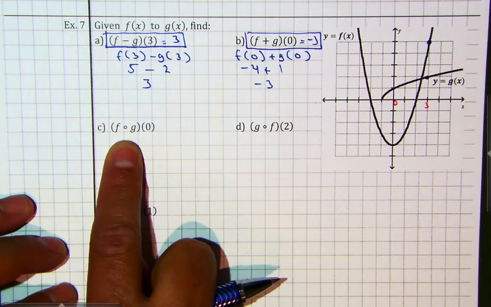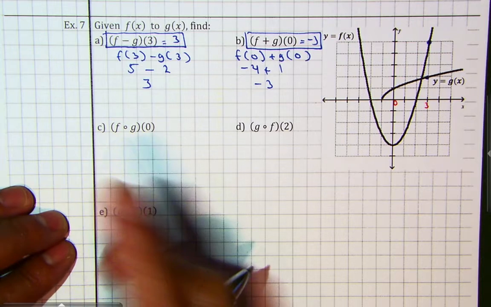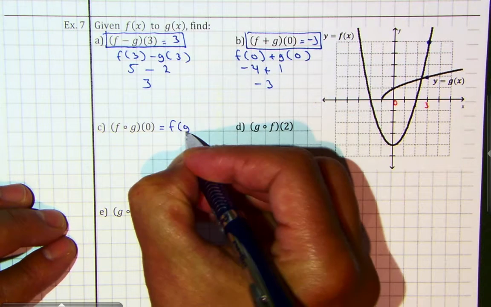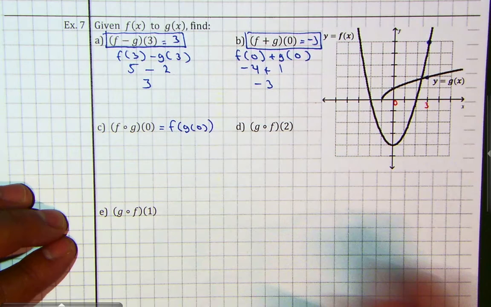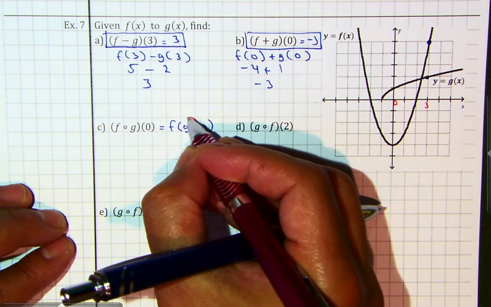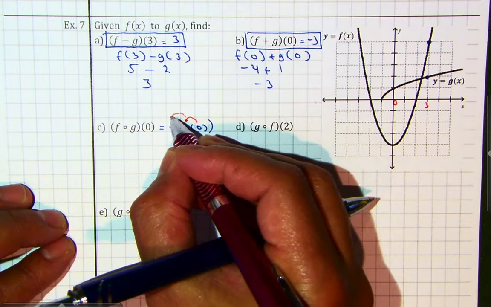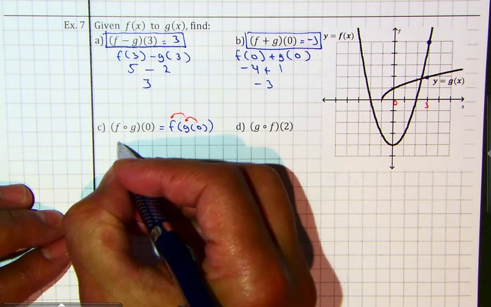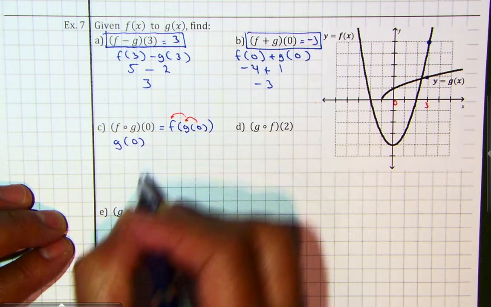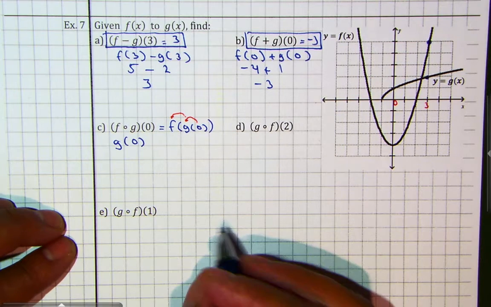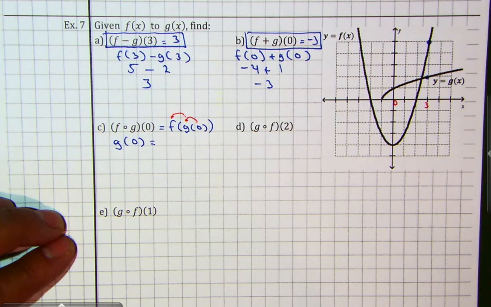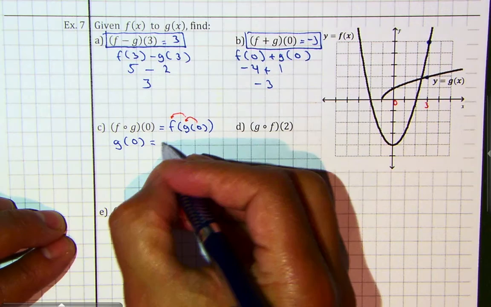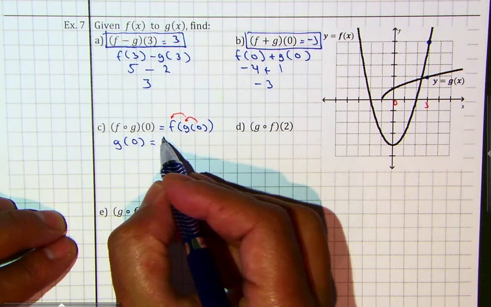For letter C, remember that this is the same as f of g of 0. So you're going to take the 0, we're going to plug into the g. Whatever we get, we're going to plug into the f. So first, what is g of 0? G of 0 is, plugging 0 into the g gives you 1. Whatever you get, you're going to plug into the f.